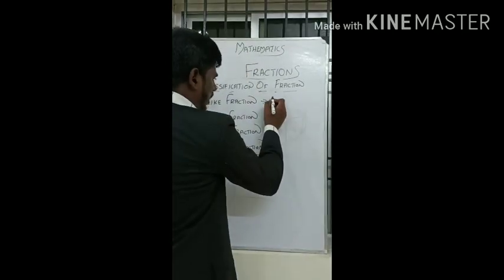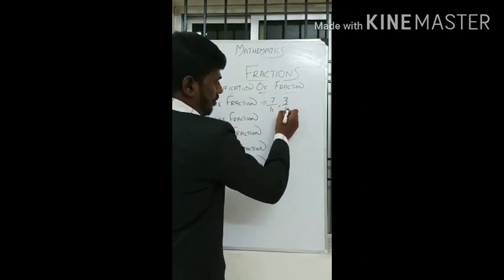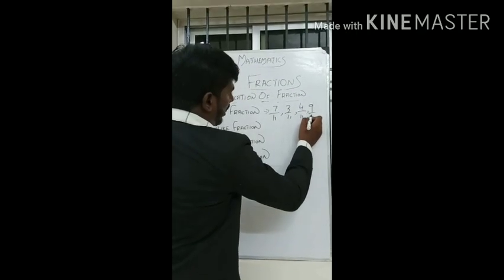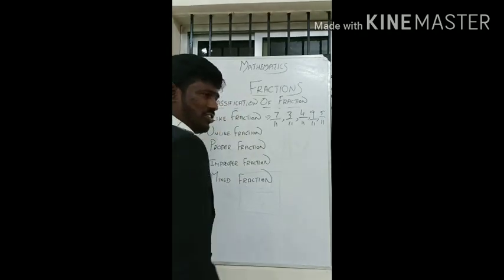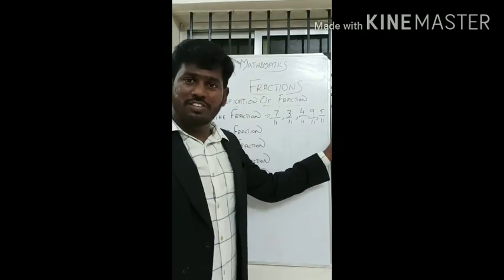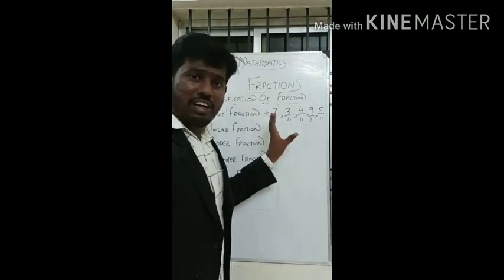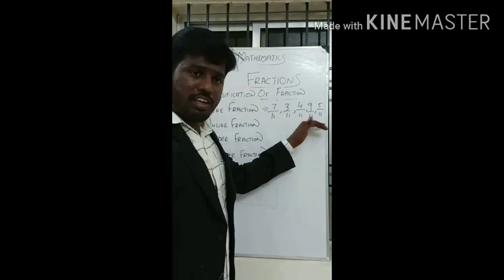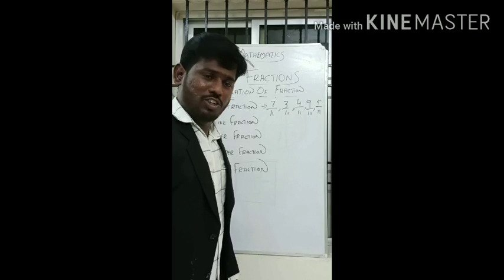Here, 7 by 11, 3 by 11, 4 by 11, 9 by 11, 5 by 11. See these fractions? All denominators are same, but the numerators are different. So if in 2 or more fractions the denominators are same but the numerators are different, then it is called like fraction.